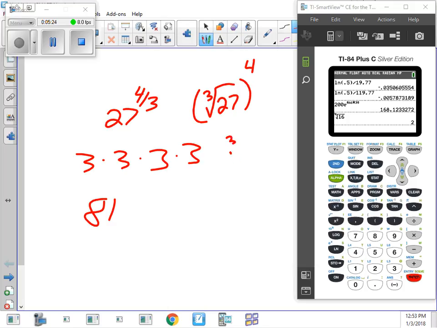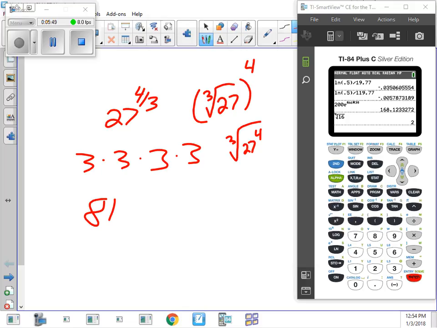It doesn't matter whether that 4 goes outside or inside. And sometimes inside makes more sense and sometimes outside makes more sense, but we're not going to get into that today. So 5 through 10, all you're doing is taking the root.